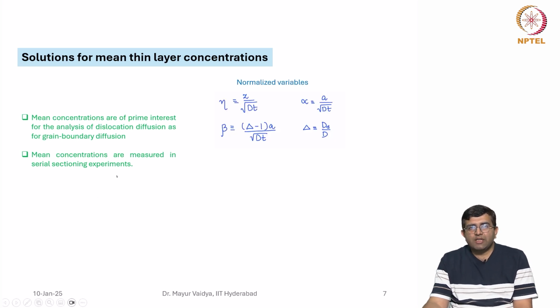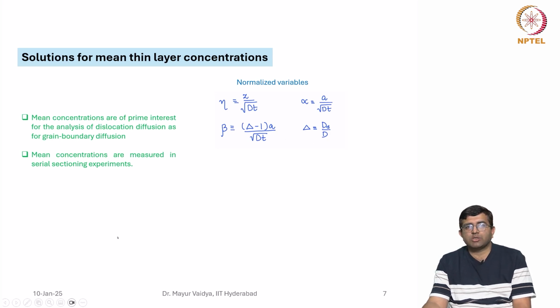So, to arrive at the mean concentrations, again we have to use the normalized variables like we did for the grain boundary diffusion, where eta is equal to z by root Dt, alpha is equal to a by root Dt, beta is equal to delta minus 1 into a by root Dt, and delta is equal to the dislocation diffusivity divided by the lattice diffusivity.